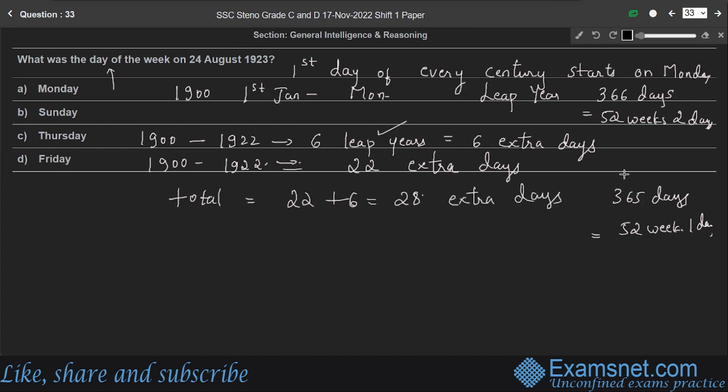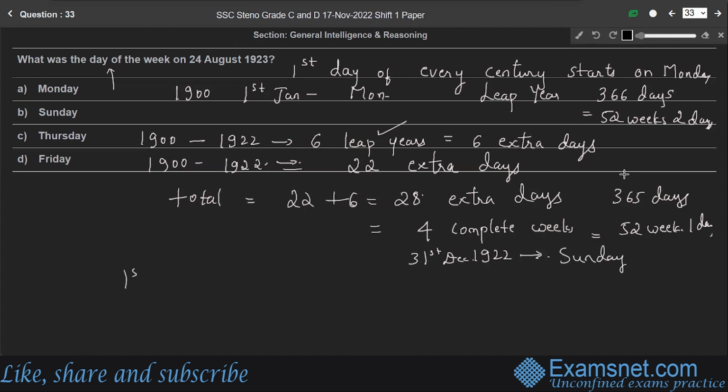So these 28 extra days make 4 complete weeks, right? That means 31st December 1922 was on Sunday.